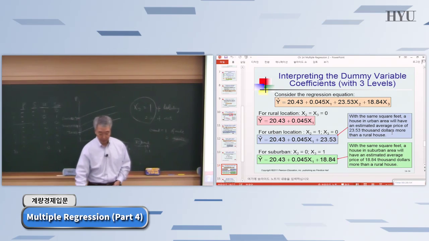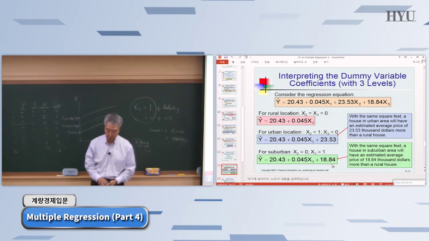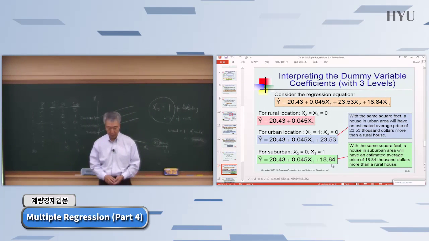If the house is located in a suburban area, then you can expect the house price to be higher by $18,840 than the same size house in the rural location.